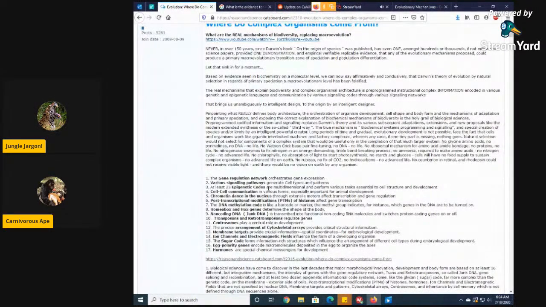Gene regulation, various signaling pathways, epigenetics. That's what it was. I can't forget that. Epigenetics, it's responding to the environment. See, this is a real paper here. Various tasks essential to cell structure and development. How does that respond to the environment?